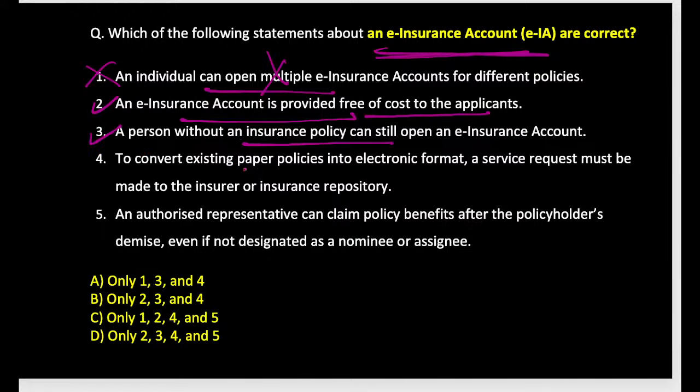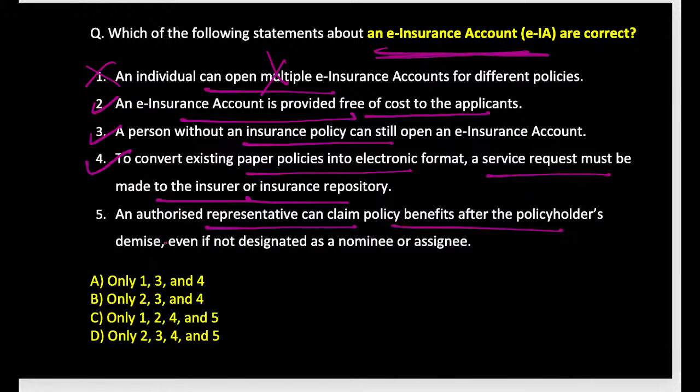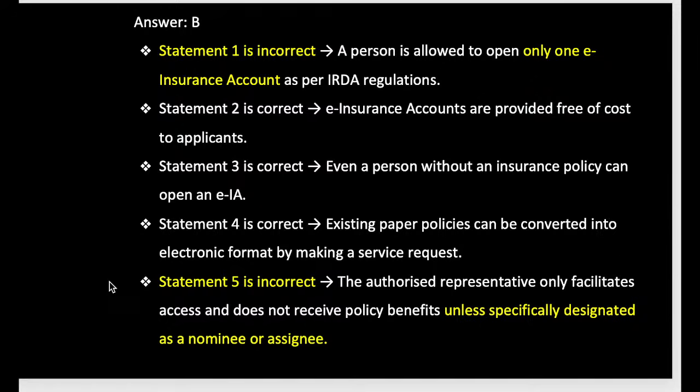To convert existing paper policies into electronic format, a service request must be made to the insurer or insurance repository. An authorized representative can claim policy benefit after the policyholder dies, even if not assigned. No, wrong. Okay, so 2, 3, 4 means option B will be the right answer for this particular one. If it is not assigned or authorized, they cannot, so that is the wrong one.